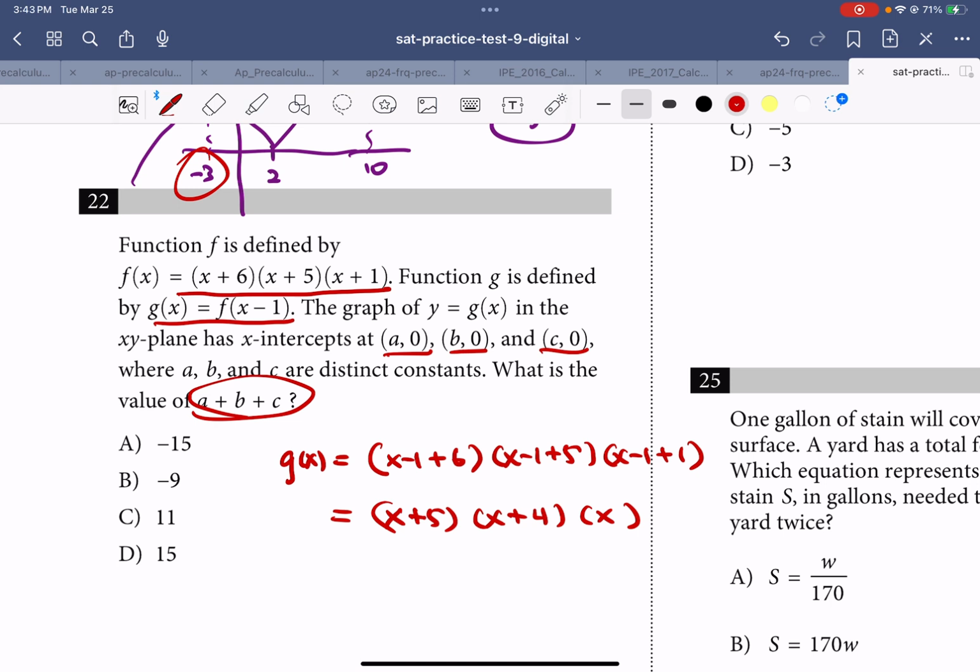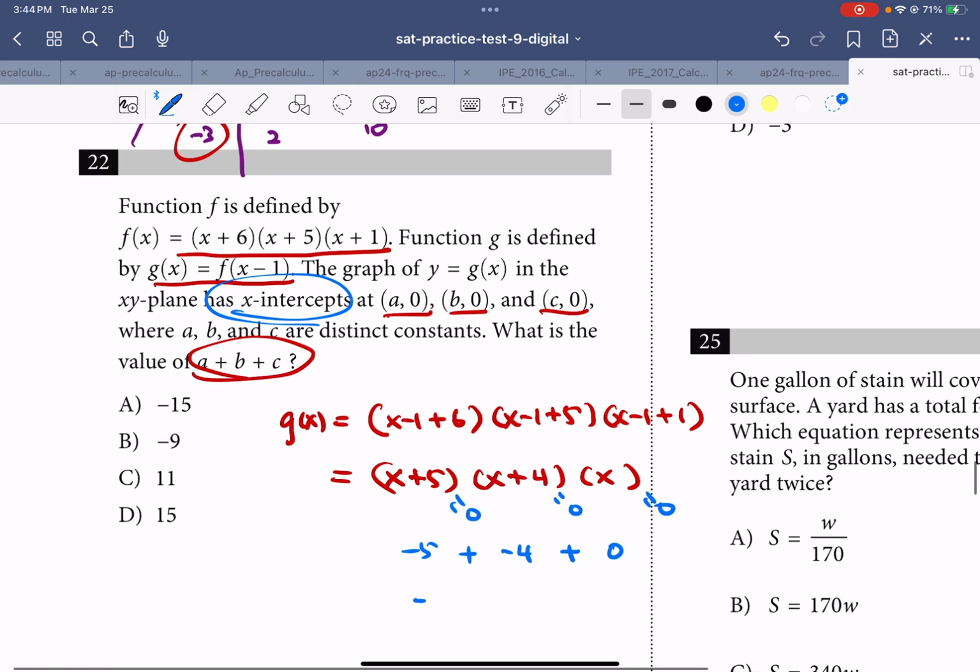To find the x-intercepts, each one equals 0, right? So my x-intercepts are negative 5, negative 4, and 0. And then you simply add all of them. That's the question: what is the sum of the x-intercepts? So that's negative 9. So B is the final answer.